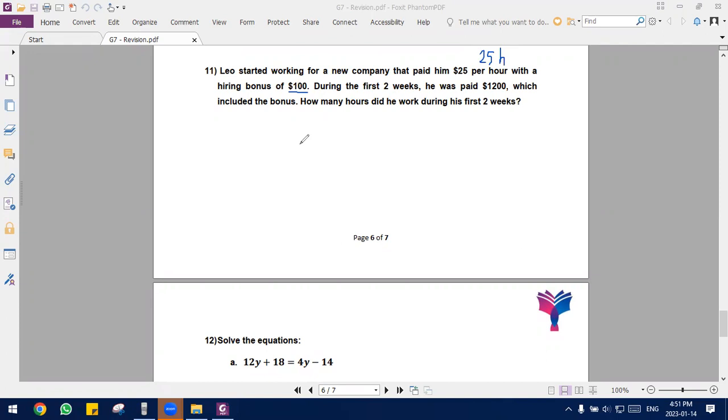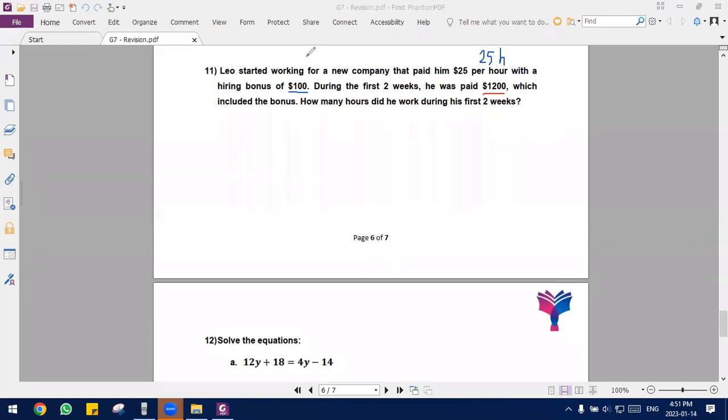Like when they just hired him, they pay him 100. Now during the first 2 weeks, he was paid, this is the total, okay? So he was paid 1,200 for these 2 weeks.